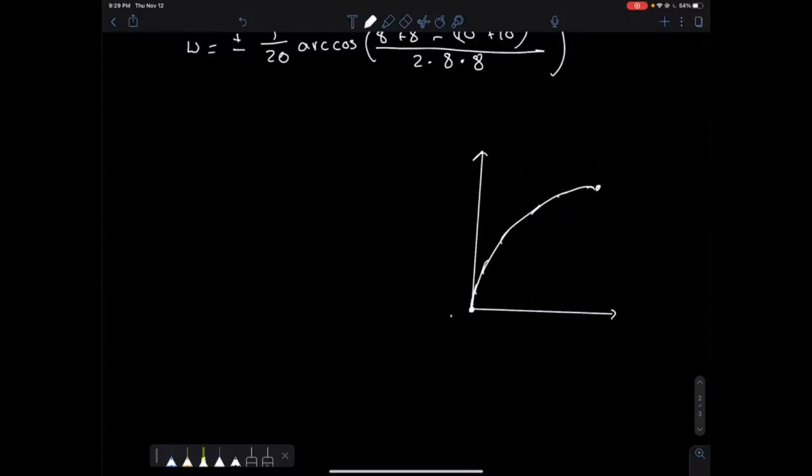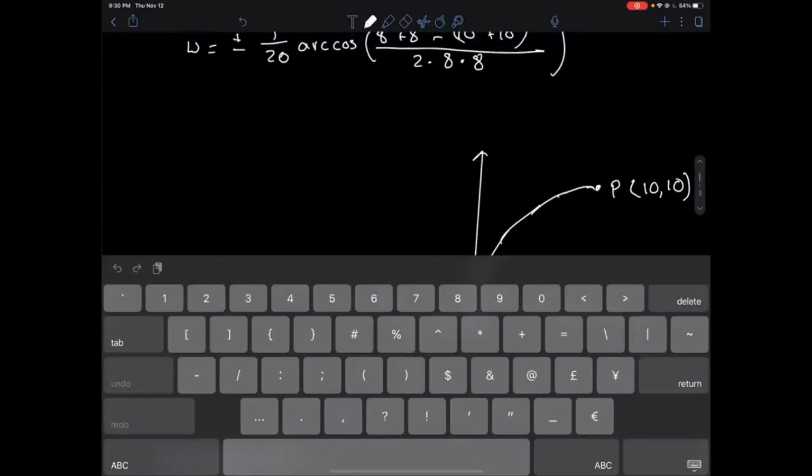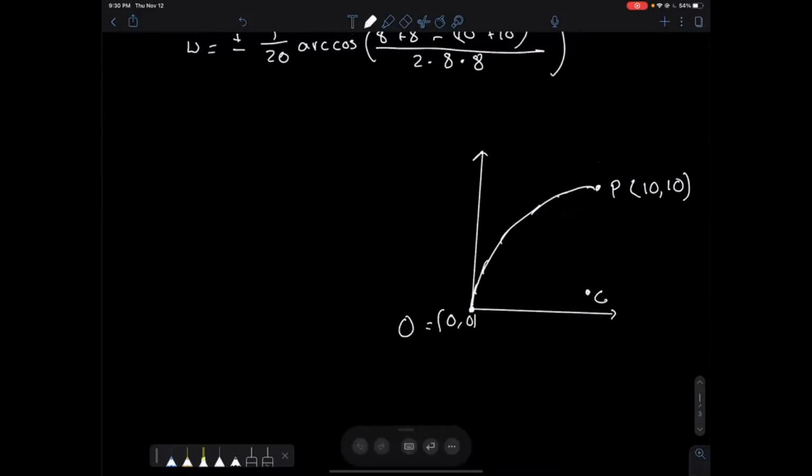Okay, cool. So we're gonna call this 0, 0, call that point O, and we're gonna call this P at 10, 10. All right, and then we're gonna define some point here. We'll call it C. That's our ICC, right? The important thing in the problem is they said, here's our radius, and a radius of a circle says these two lengths must be equal, and this R must be equal to 8.